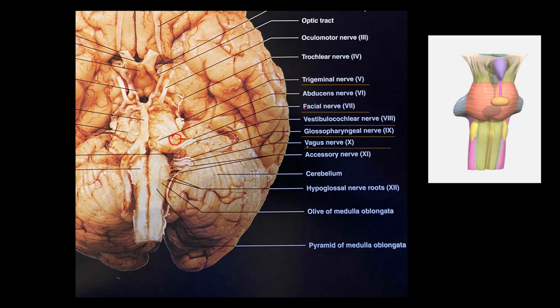Next, we have the vagus. The vagus nerve emerges out through the medulla. Therefore, the cranial nerve nuclei for the vagus will be located in the medulla. This is really important, particularly when you will be drawing pathways.